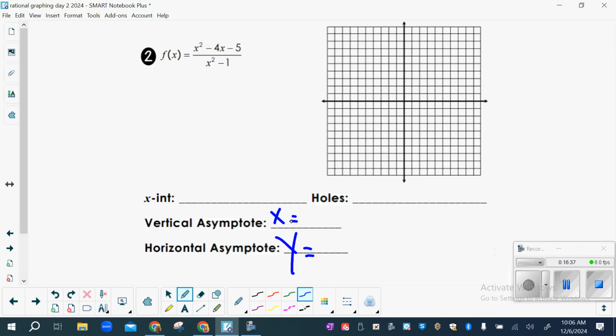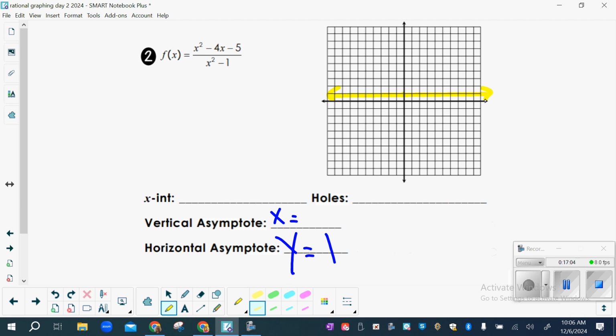What is your first asymptote? If you put y equals 1, you are on fire. Grab that highlighter out. Highlight y equals 1. Go to your y line and put it in. You with me?